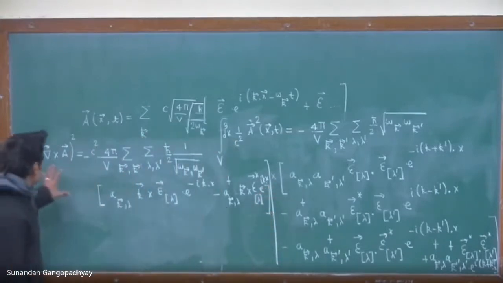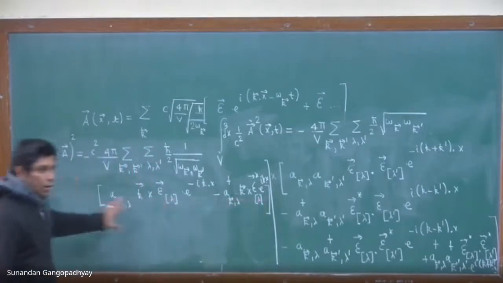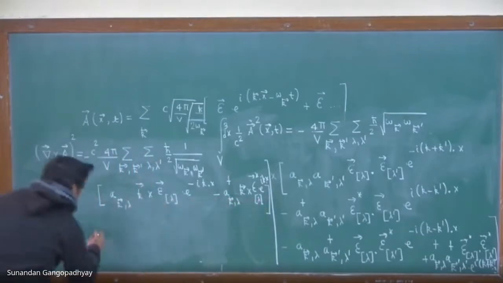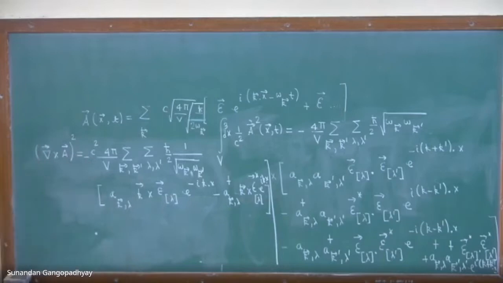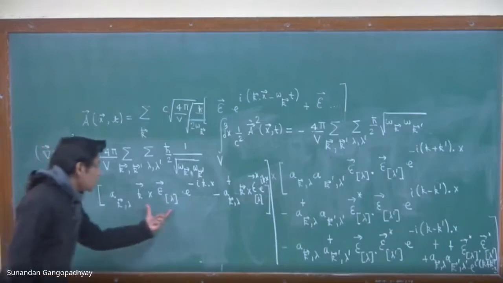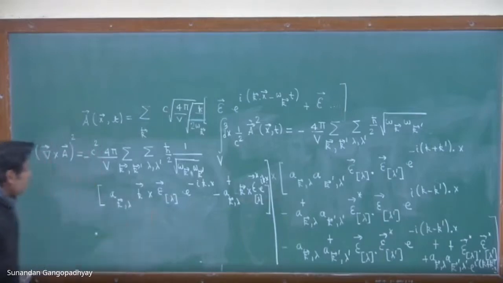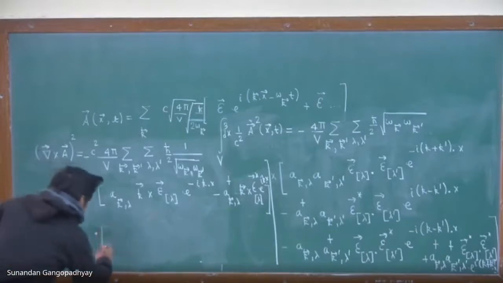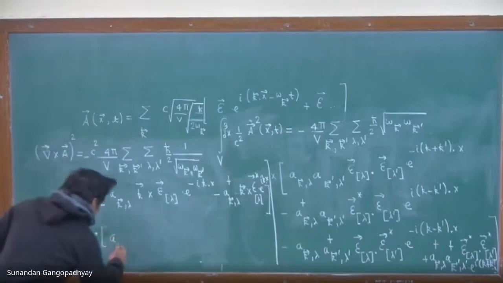So this is for one of the curl of A, but you have to square it up. So you have a dot product now. You see that here there is a cross product, then you have to take a dot product. This, which is simple to write, is not that difficult.